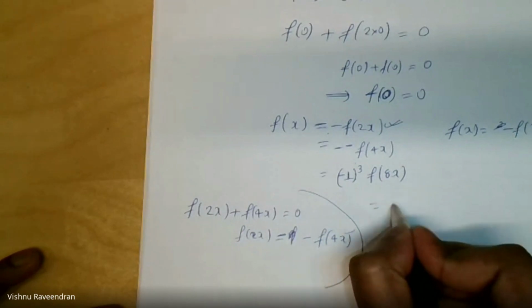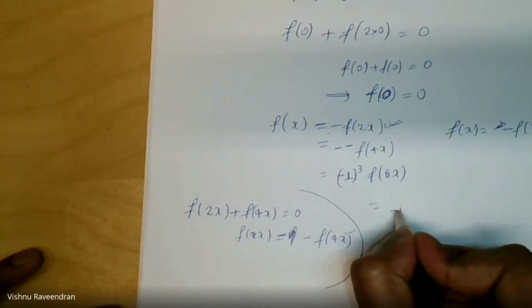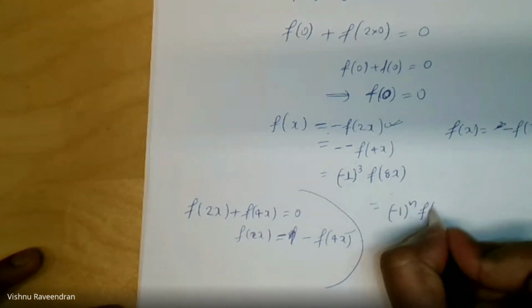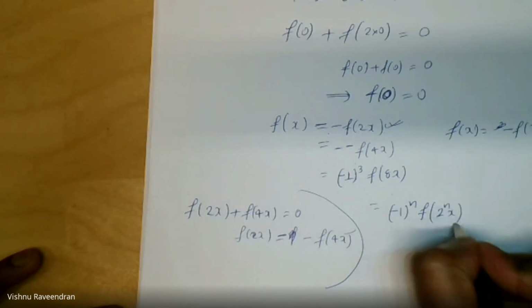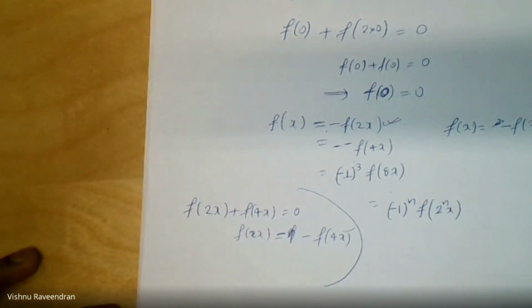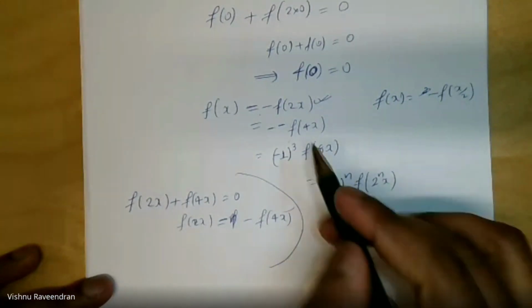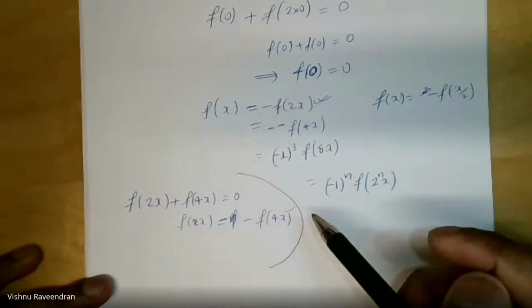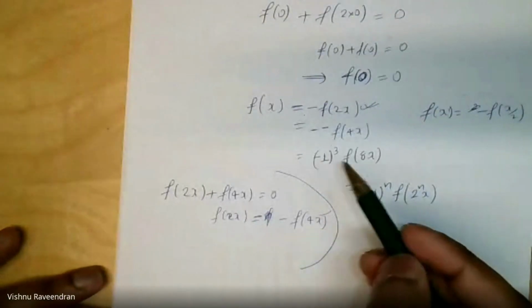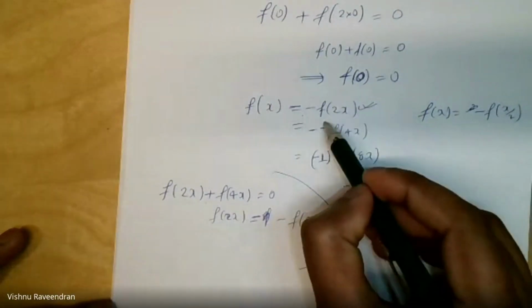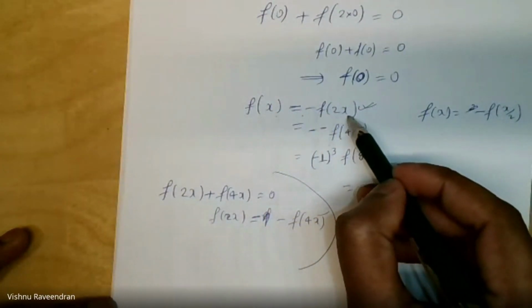So I can go like this, up to f of x equals (-1)^n f of 2^n x. This is okay, right? This is another observation you can make from here. At first I got f of x equal to minus f of 2x.